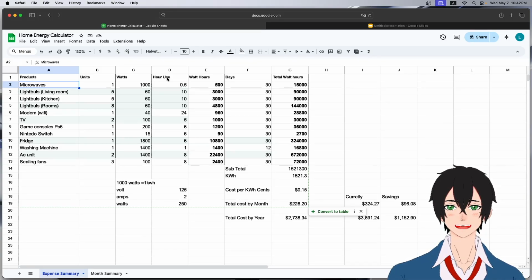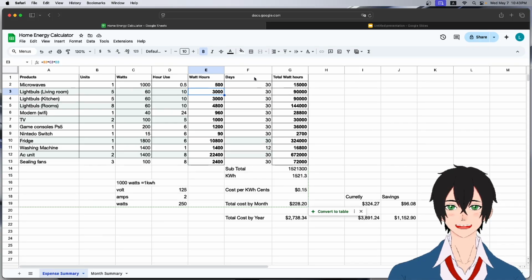The hours of use, well, this will indicate how many hours you have these on during the day and night. And also the watt hours would be the multiplication of units, watts, and use. That's where you get the total amount of watts used specifically of this product.